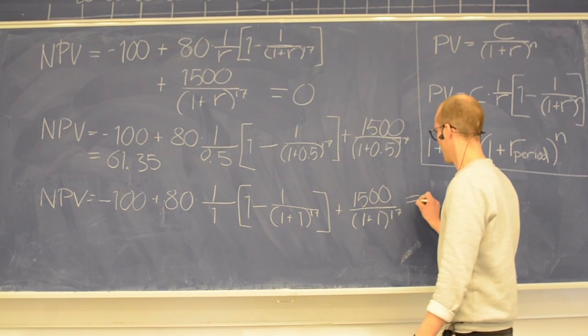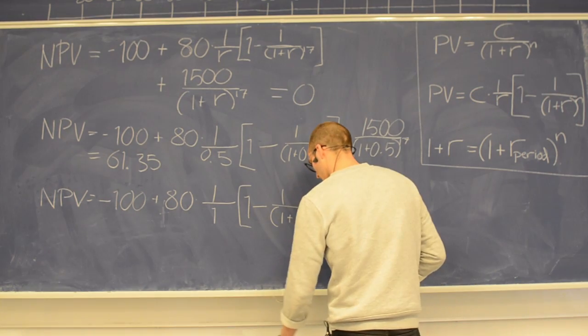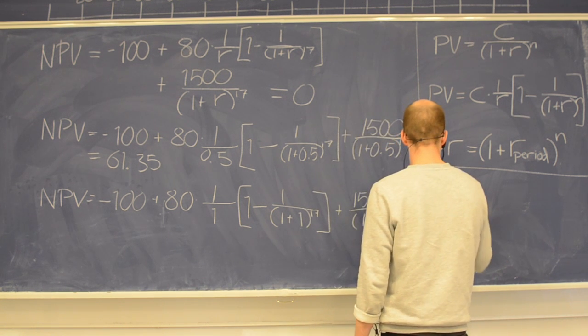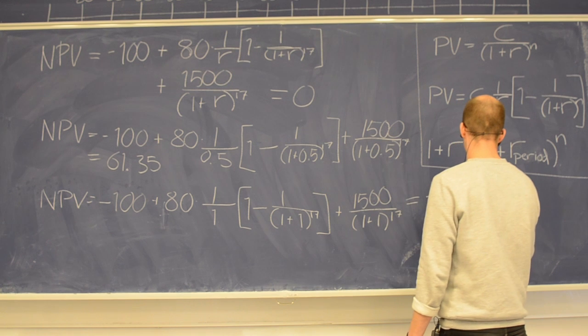And if we type this in the calculator, we will get a net present value of minus 19.98.